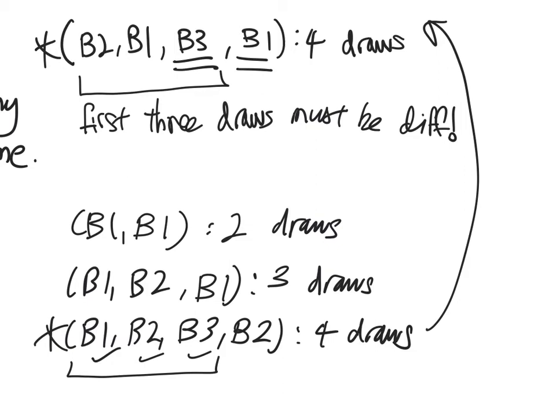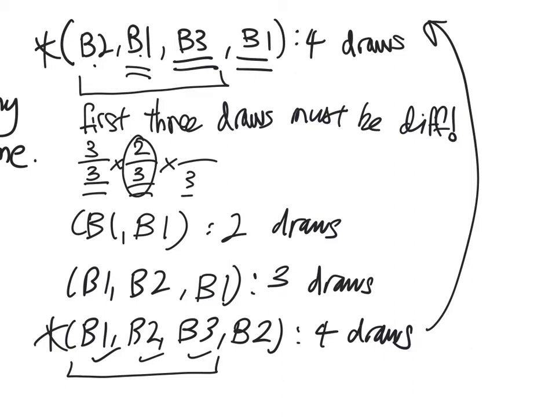The first draw can be any of the 3 balls. For the second draw, it is any ball which is different from the first, so I just select from the 2 balls which are not previously selected.